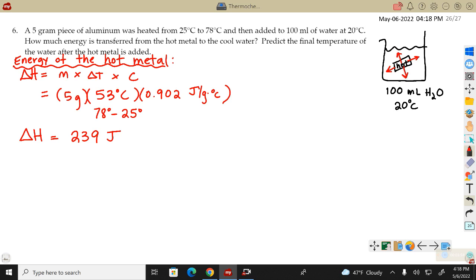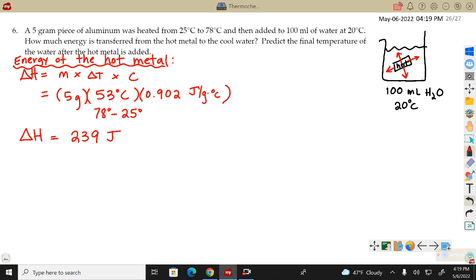But now, assuming no errors, and one of the errors that we'll have to deal with in the lab is maybe energy lost to the surroundings. We want all that heat from the hot metal, the 239 joules, to transfer into the water. Now, could some of the heat also transfer to the glass beaker?